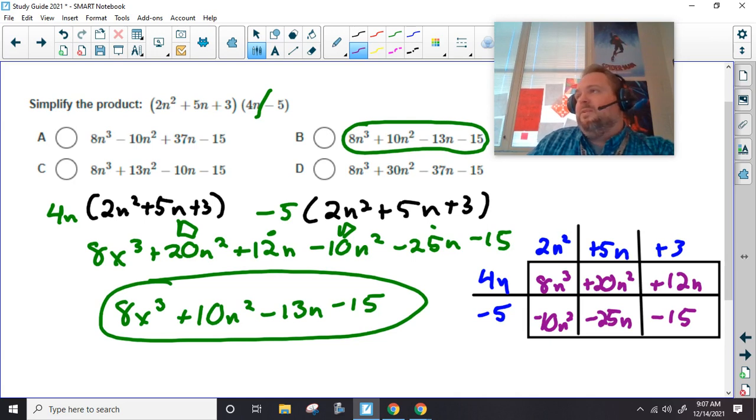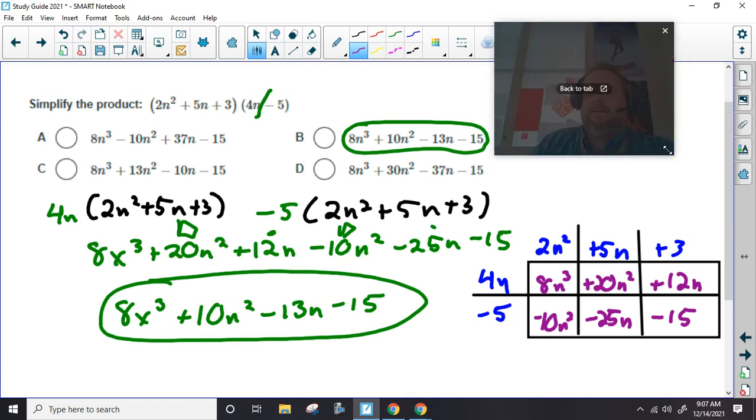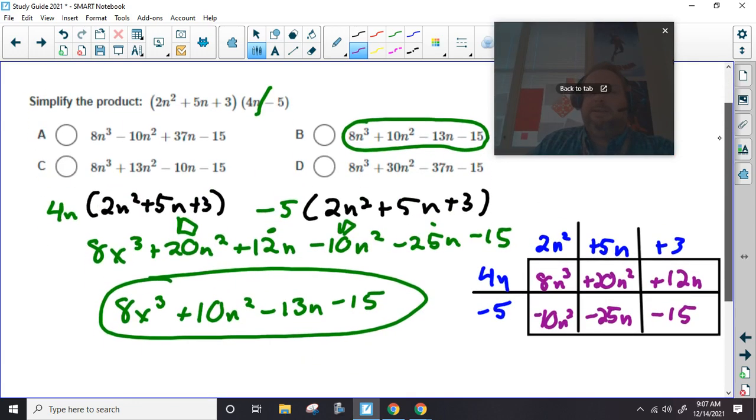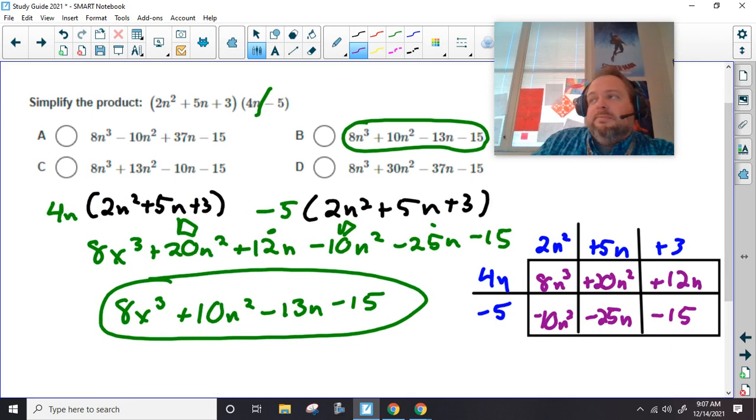And the order of the problems is going to be the same. So you might want to put on your legal cheat sheet, like number 18, use box method. It's going to be a trinomial times a binomial, so you can set that up on your legal cheat sheet, plug in the numbers, and do it from there.